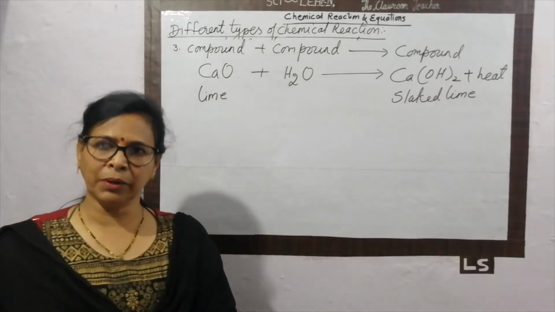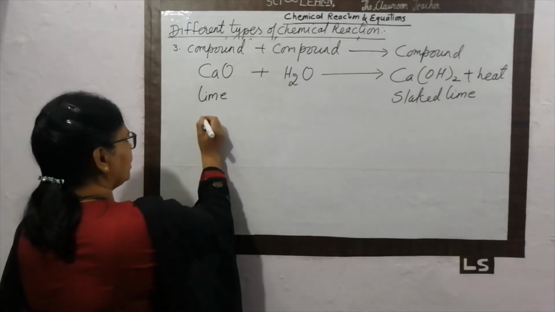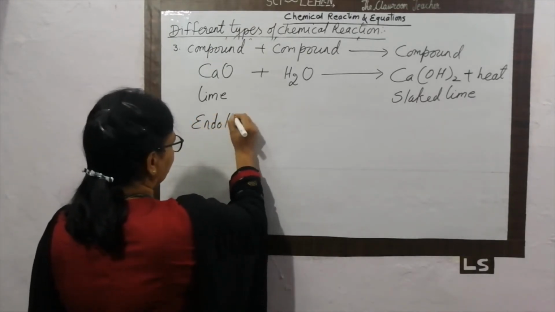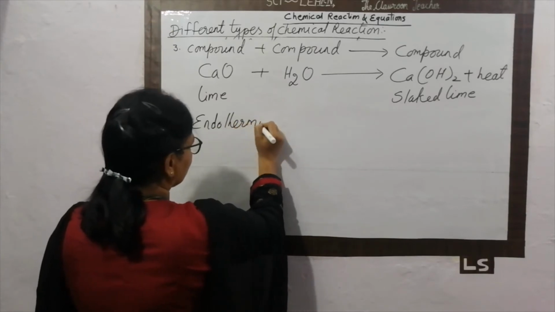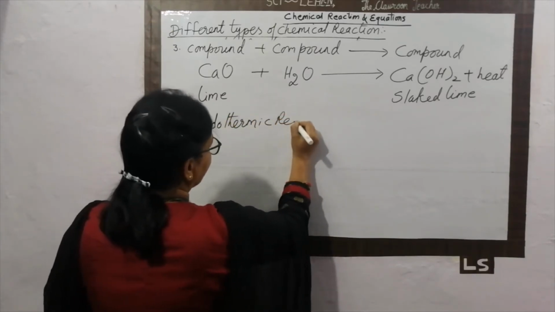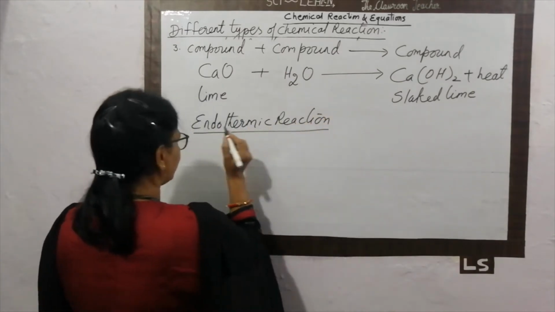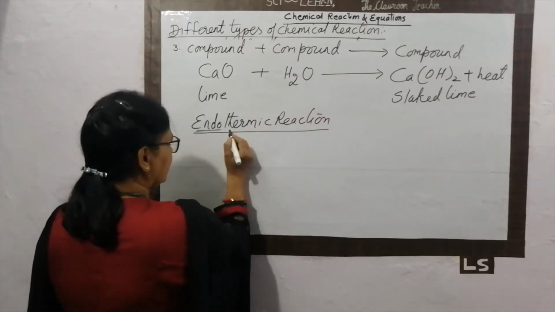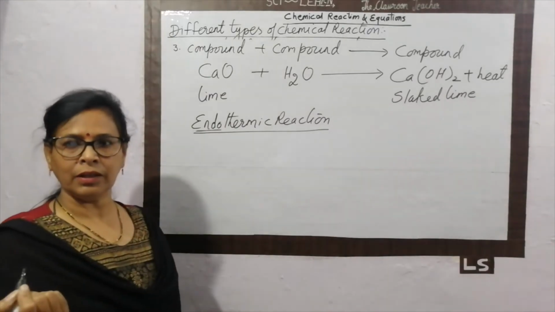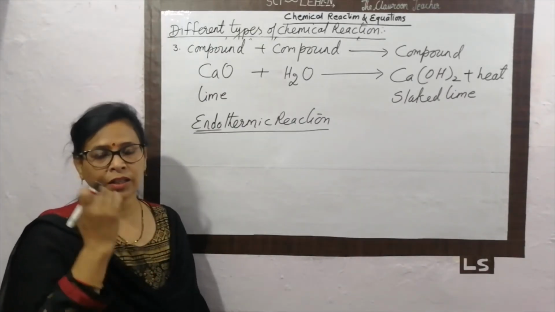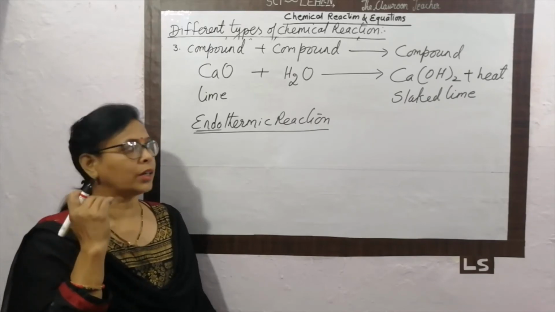If the exothermic reaction is there, then there might be an endothermic reaction also. Exothermic means releasing of heat. And what is the meaning of endothermic? Again, two words are there. Endo is for in, thermic is for thermal, that is heat. If heat is used during any chemical reaction, then it is called an endothermic reaction.